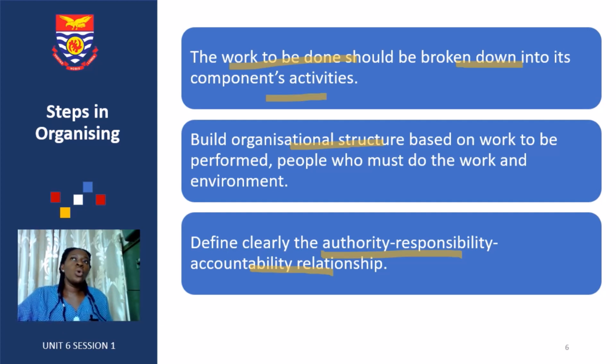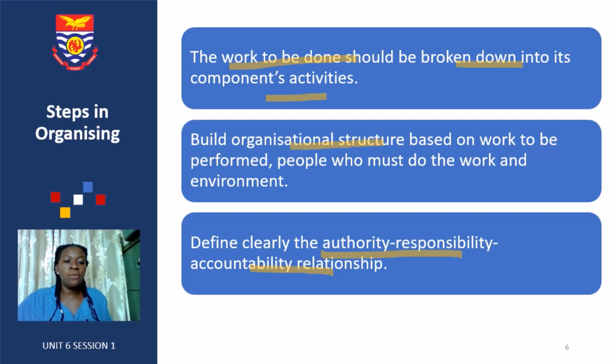Then once this is all set, we need to define clearly the authority, responsibility, and accountability relationships. So who is in charge of this particular thing? Who is supposed to do that thing, and who is supposed to be accountable for that thing? At the end of the day, we need to have someone to answer for it, whether it goes well or not. So we need to clearly define that, okay, Mr. Mensah is in charge of this particular activity.